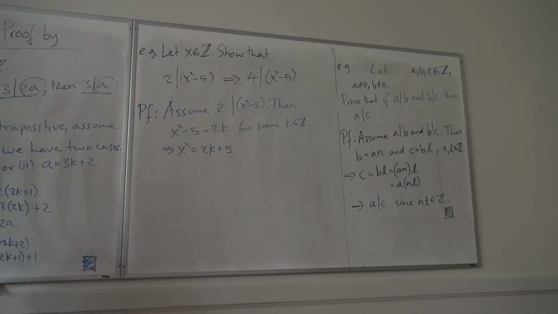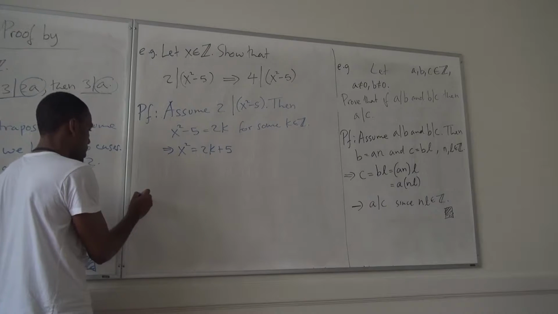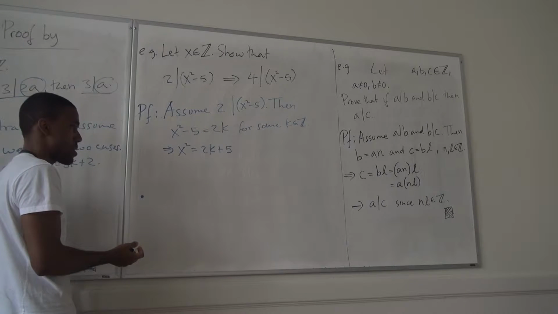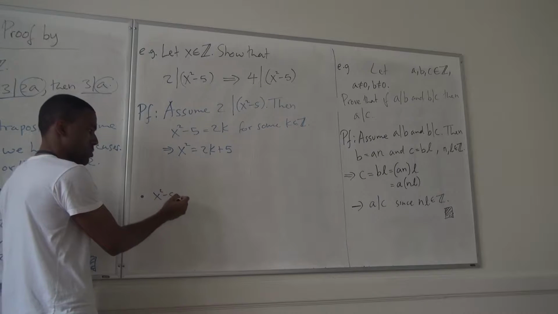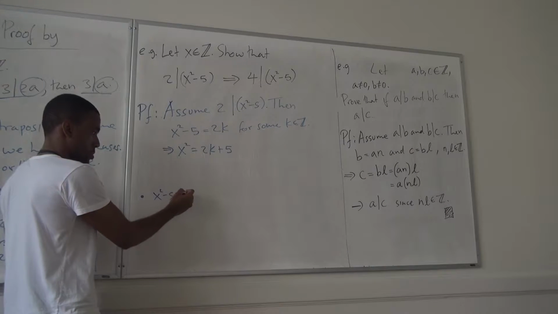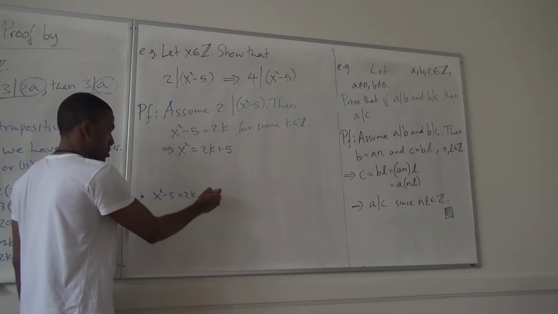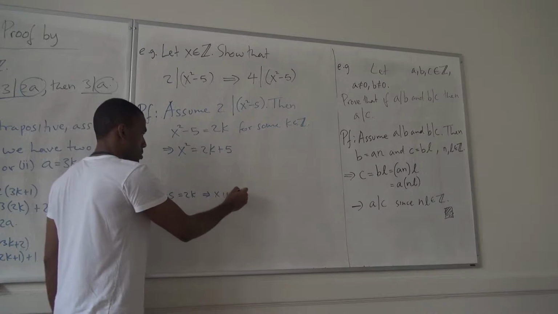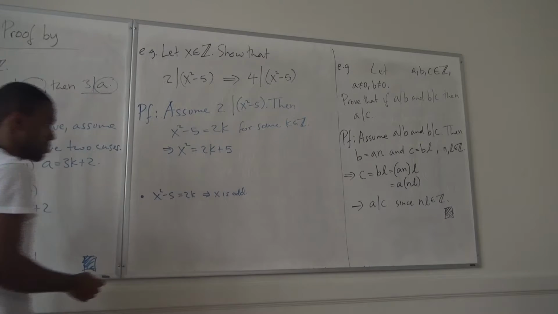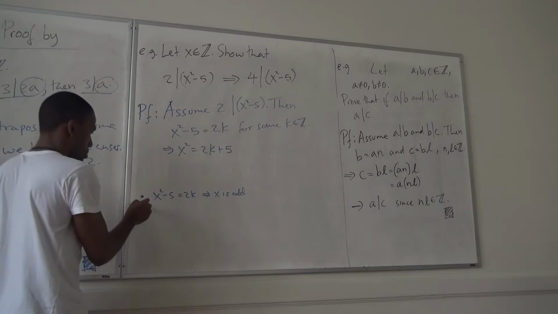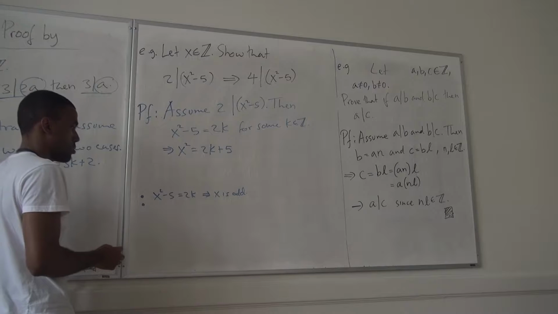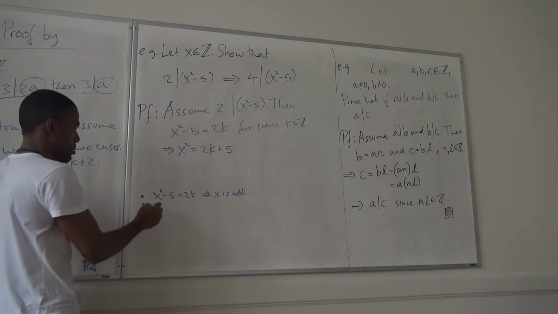Wait, I didn't follow you. So, the first point that you wanted to make was what? To use that if x squared minus 5 is even, then x is odd. Okay, yeah. Then we can say that x is equal to n plus 1.